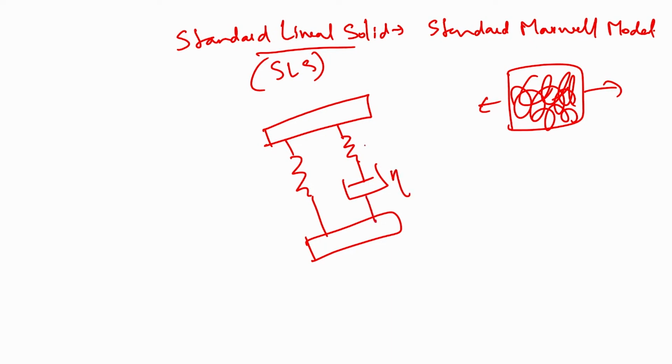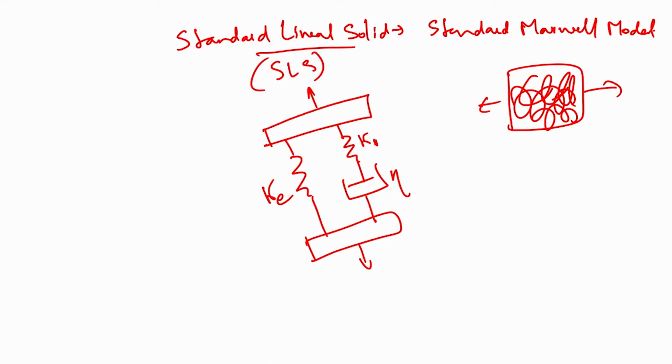If the spring in series has stiffness K1 and the viscosity of the damper is eta, and the stiffness of the other, parallel spring is Ke, as I am showing here, we can model it the same way as we have shown in the previous case.